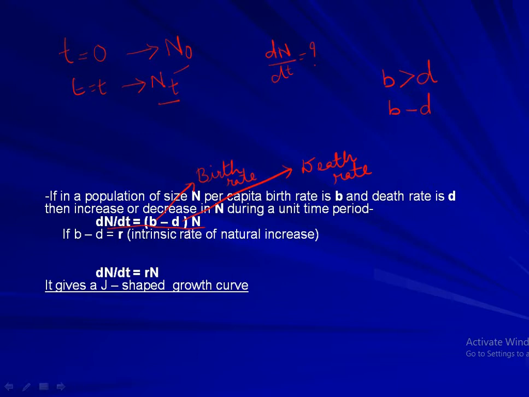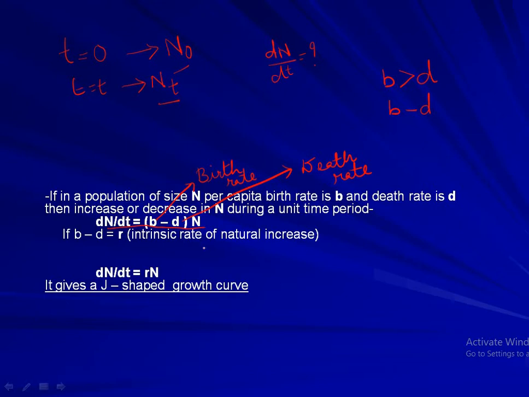So (b minus d) into N, where N is population density. Why are we considering N? Because we are talking about per capita birth rate or death rate.